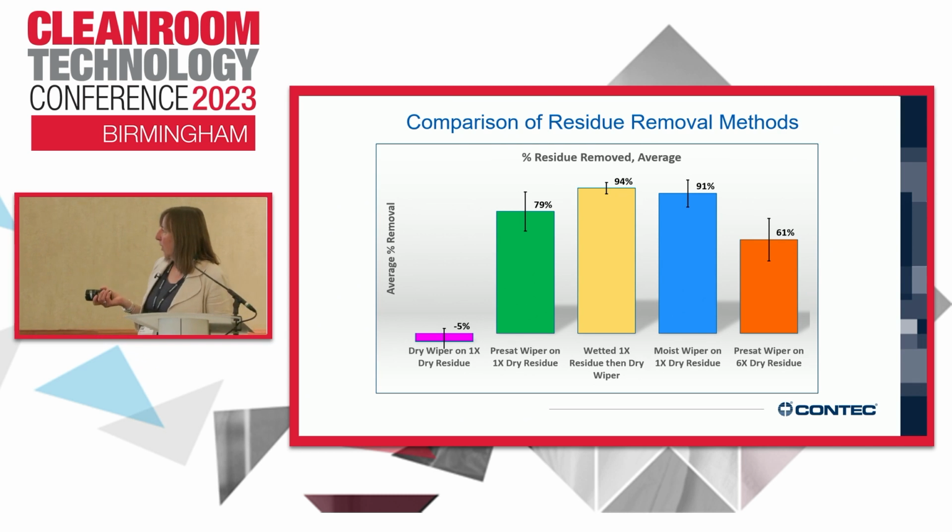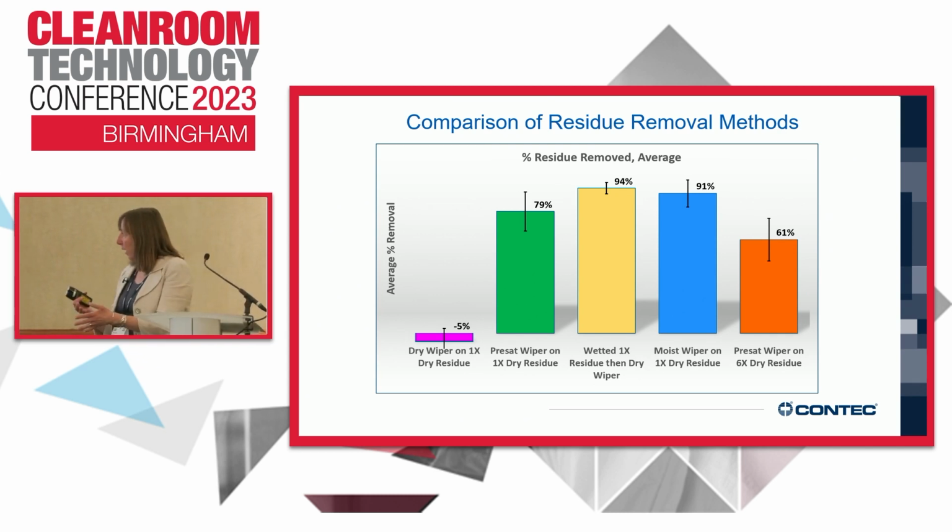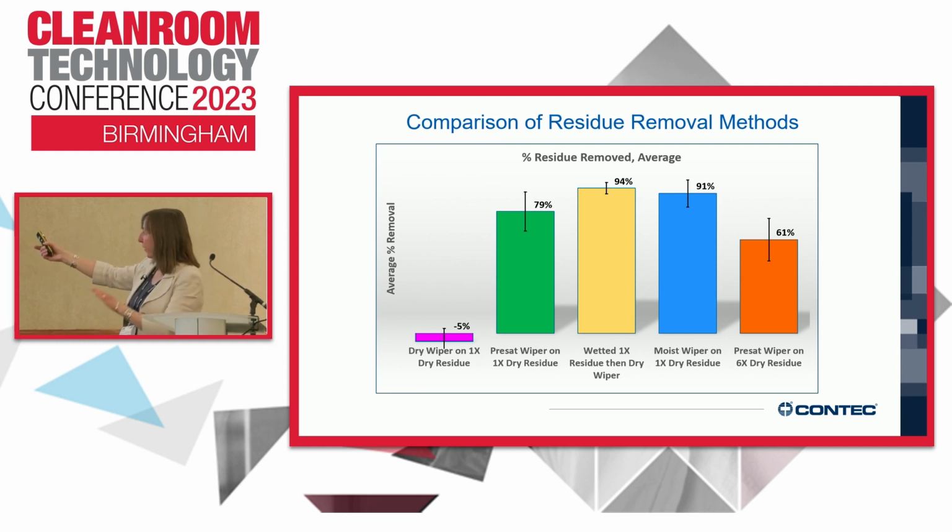The pre-sat wiper on the dry residue is better. The one that we sprayed directly onto the surface with the spray and then dried it gave the best result, followed by the one where we sprayed onto a wipe and then removed it. And the one on the end here is the 6 layers using a pre-saturated wipe.